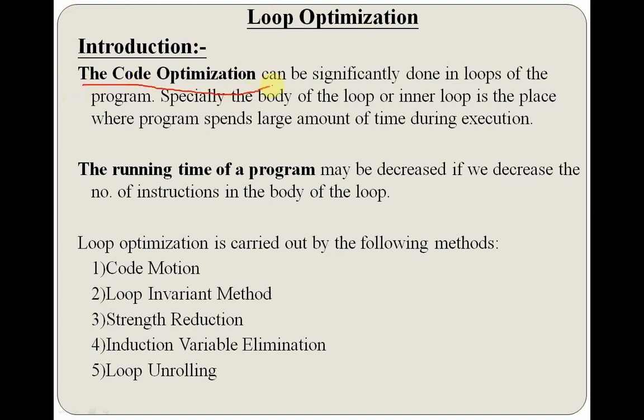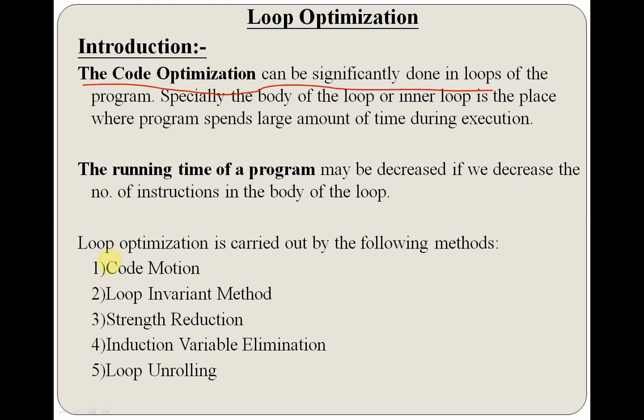The code optimization can be significantly done in loops of the program. Especially, the body of the loop is the place where the program spends a large amount of time during execution.